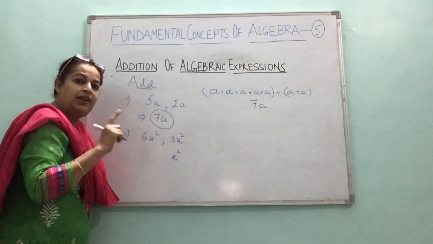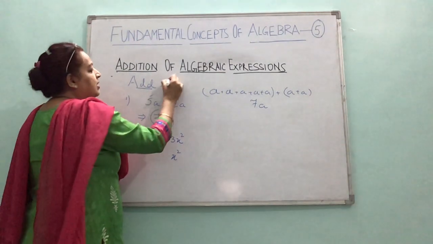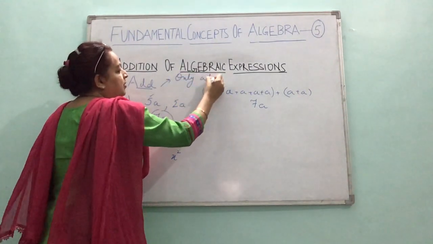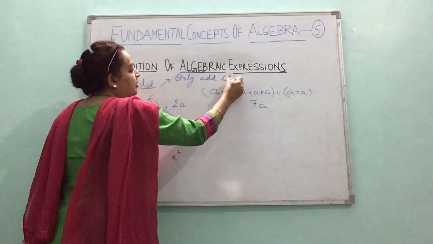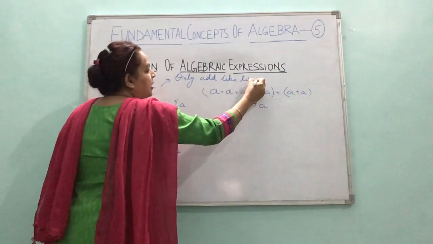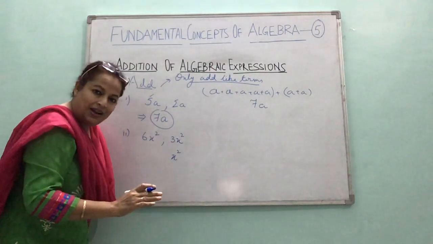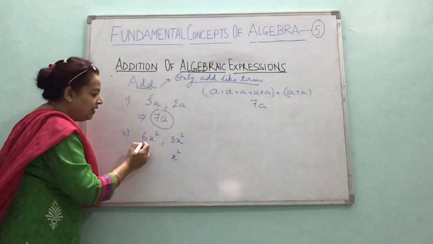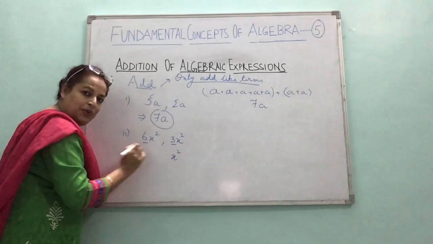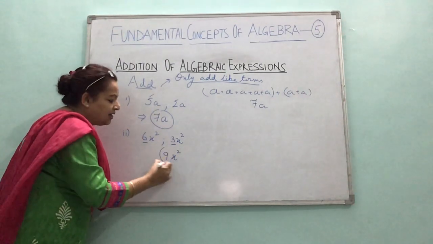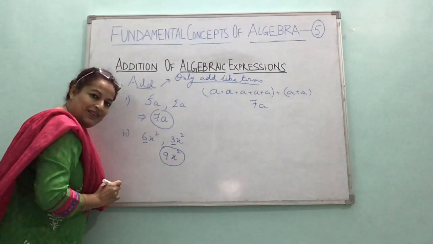We can only add like terms. If they are unlike terms, we cannot add them. So the integer parts 6 and 3 are both positive, same sign we always add. It is 9x square, the answer.